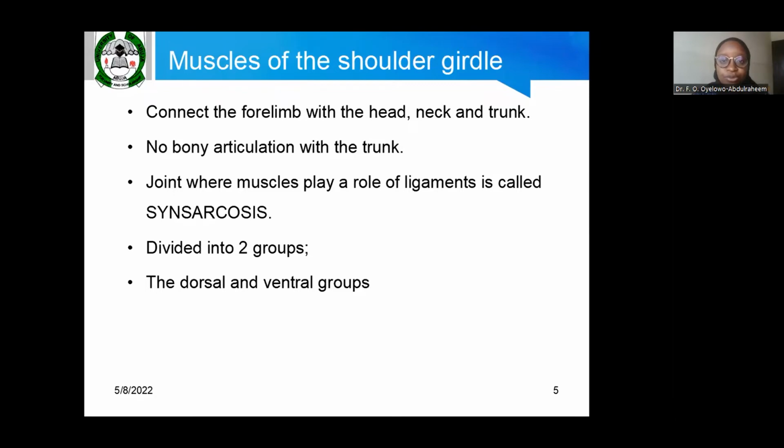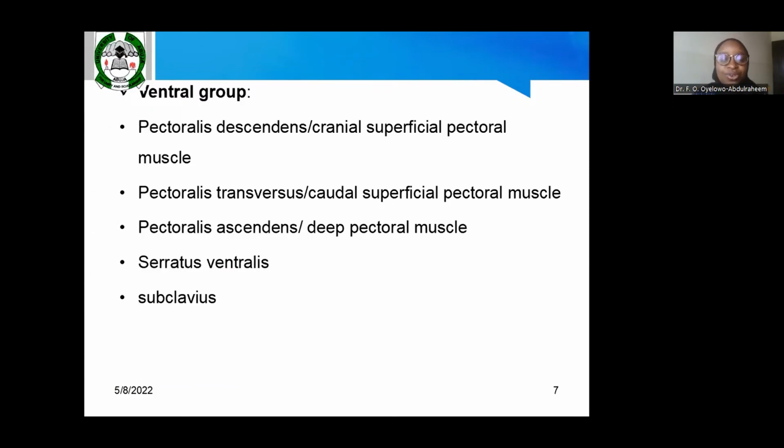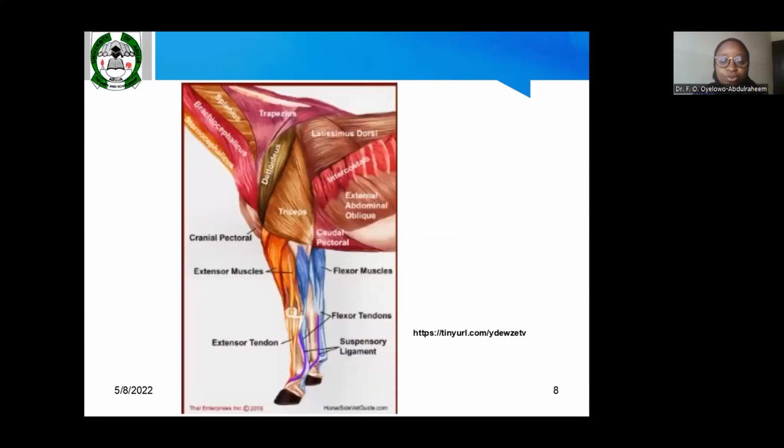The dorsal group of muscles are trapezius, rhomboideus, latissimus dorsi, brachiocephalicus, and omotransversarius, while the ventral group of muscles are pectoralis descendens, pectoralis transversus, pectoralis ascendens, serratus ventralis, and subclavius muscle.